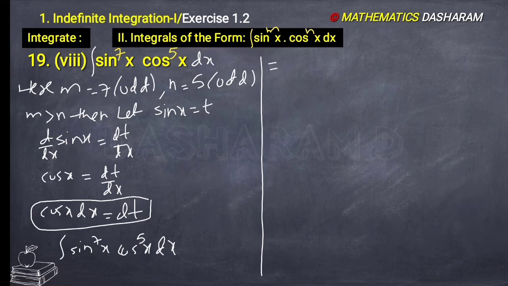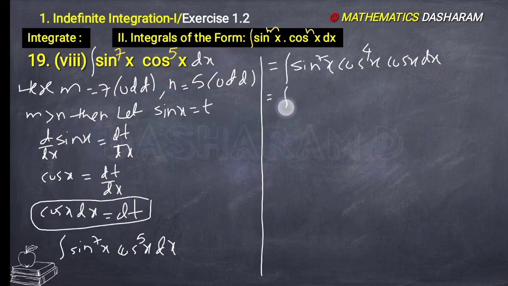So it is equal to integration sin to the power of 7x. Next, cos to the power of 5x can be written as cos to the power of 4x into cos x dx.